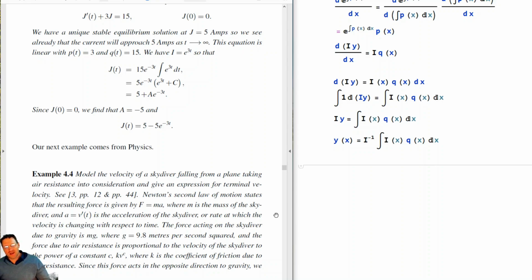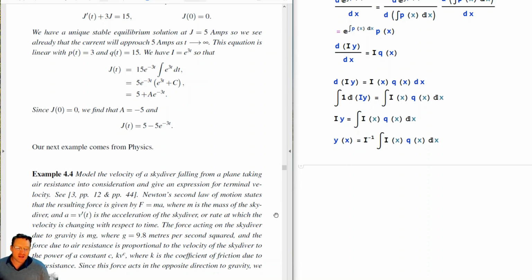and the force due to air resistance is proportional to the velocity of the skydiver to the power of a constant. So in other words, k times v to the power of c, where k is the coefficient of friction due to air resistance.